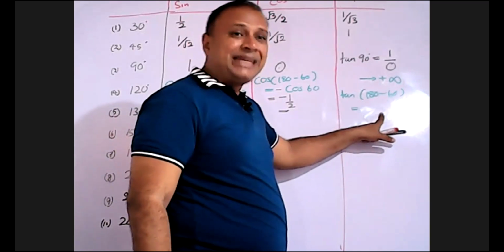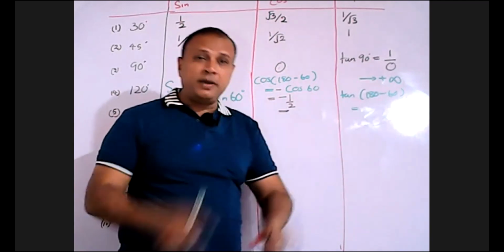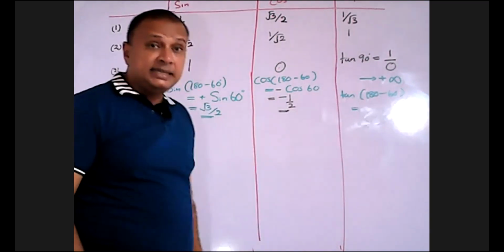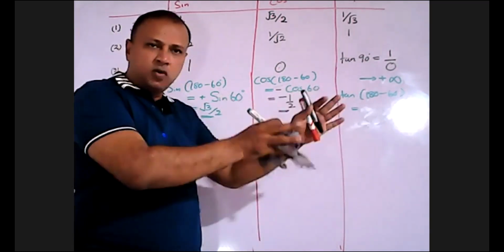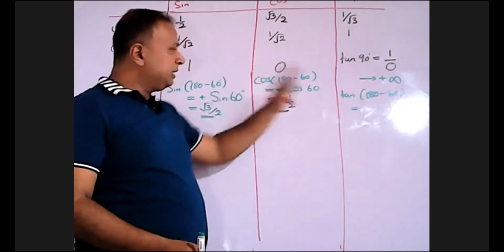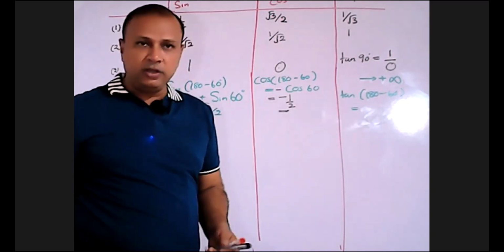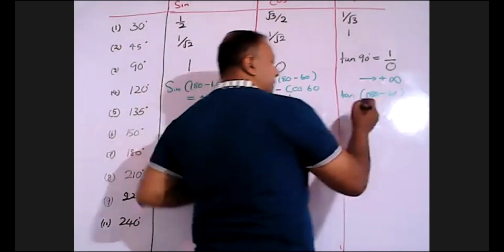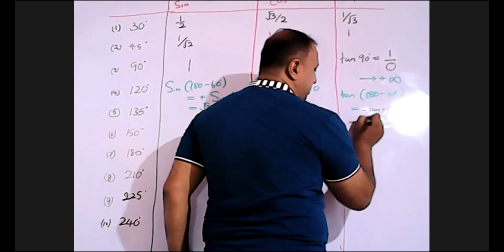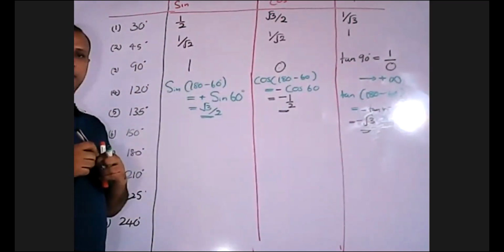Therefore, magnitude will be tan 60. Then you should determine the plus or minusness. As 120 belongs to the second quadrant, only the sine values are positive in the second quadrant. Therefore, tan 120 will be a negative value. This is a negative tan 60. So it is minus root 3.